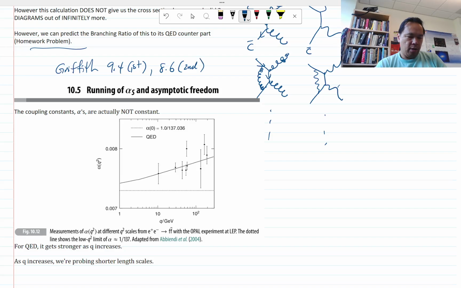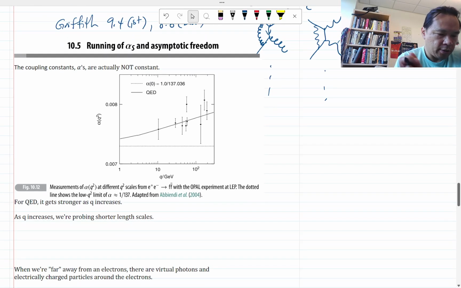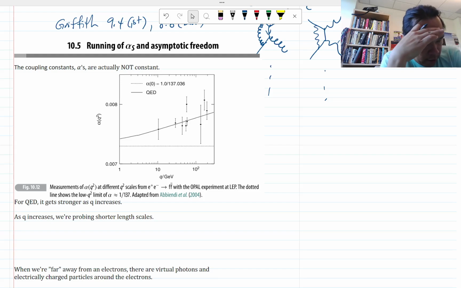He does a lot more math than I would do, but I still want to give you a conceptual overview of what that is, because you may see this, especially those of you working on the Large Hadron Collider in the future, where we deal with the strong force all the time.